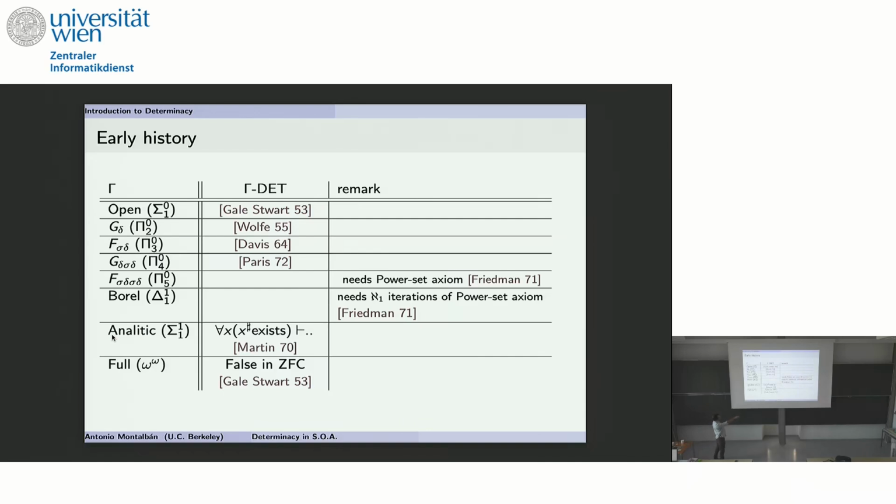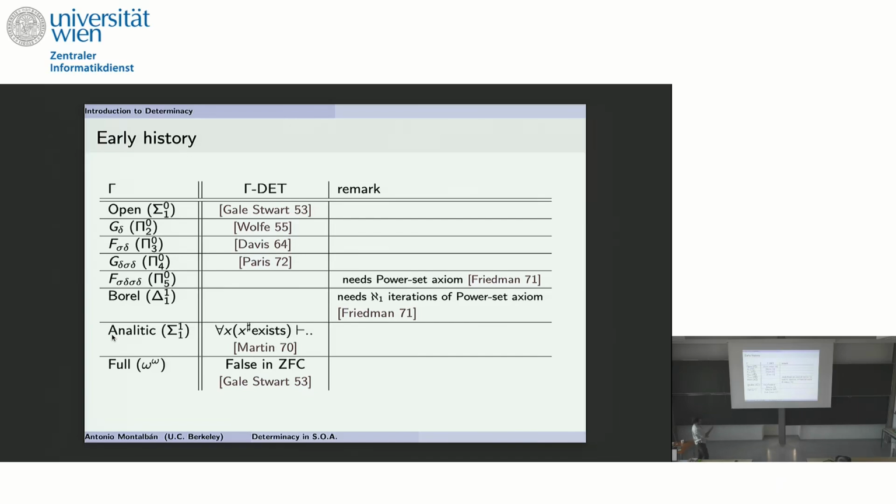Then iterating that idea, well, I don't know which one came first, he shows that to prove Borel determinacy, you need Aleph_1 iterations of the power set axiom. This is still within ZFC, but it's not common in math to see that you need so many iterations of the power set axiom.